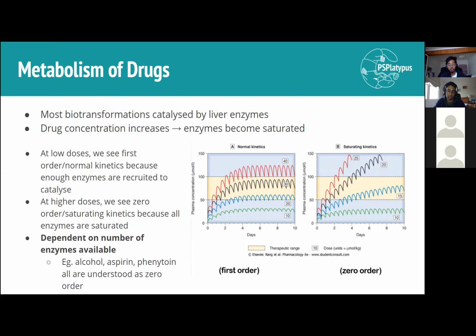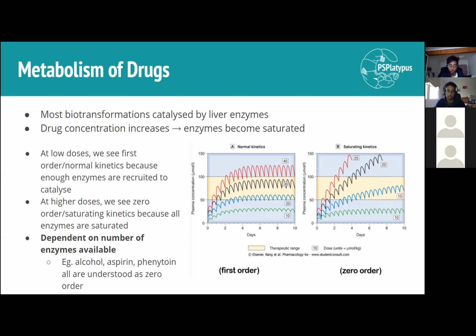So the left-hand side is what we call first order kinetics or normal kinetics. So what it shows is that as the plasma concentration of the drug increases, more enzymes are recruited to break down the drug. So eventually it reaches a point where enough enzymes exist to catalyze it and keep the plasma concentration constant.